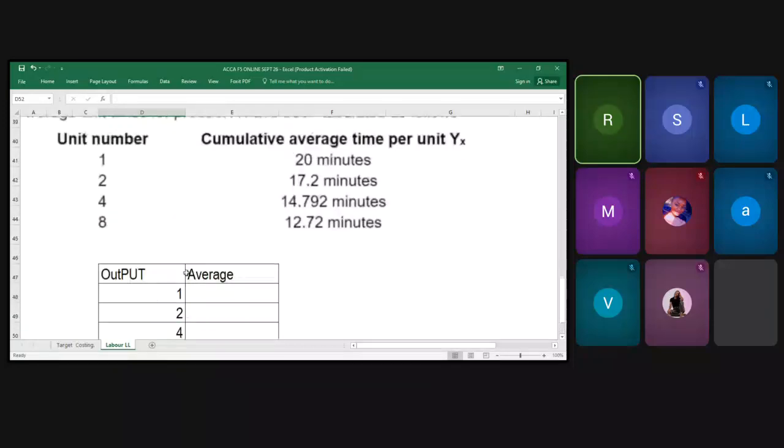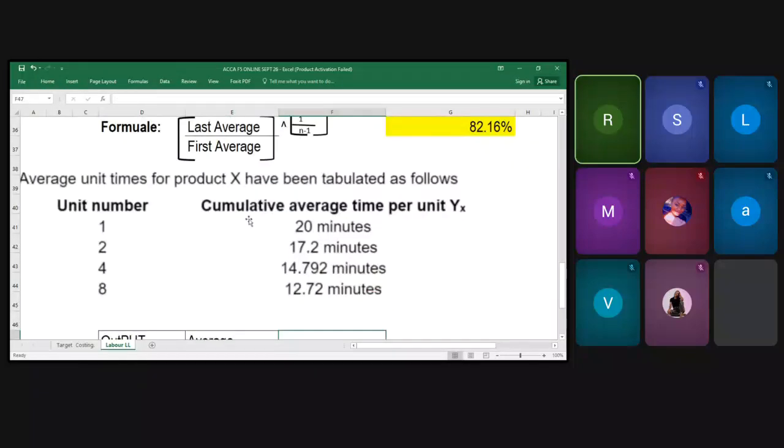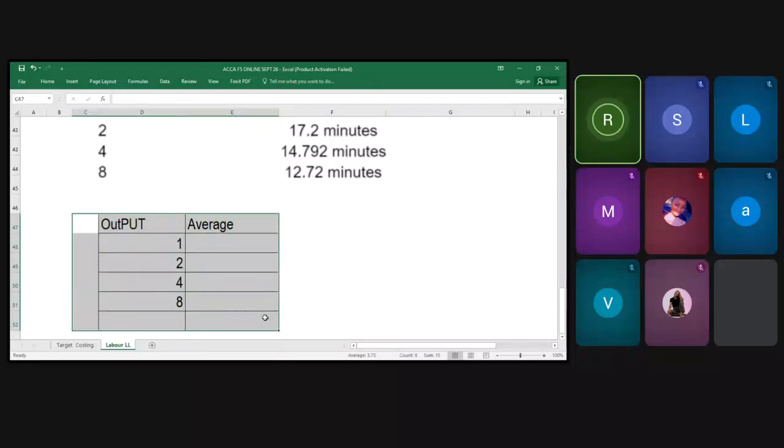And my average time here is equal to 20 divided by 1. So if you are wise and you want to move very quickly, you know that this is already cumulative average time. So there was no need for us to do all these things. It's not in total, it's in average state already.